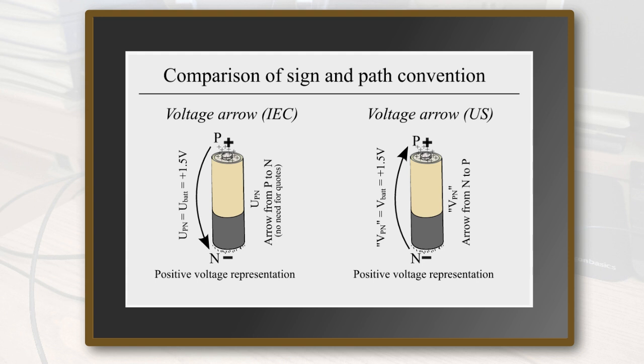I use capital US here to both mean United States and us, as in our notation. In the US notation, the arrows of voltage point towards higher values of voltage, while in the IEC German notation, the arrows point towards lower values of voltage.